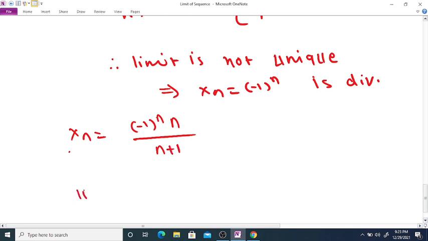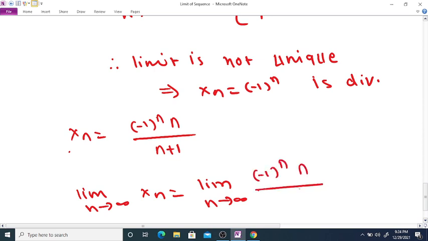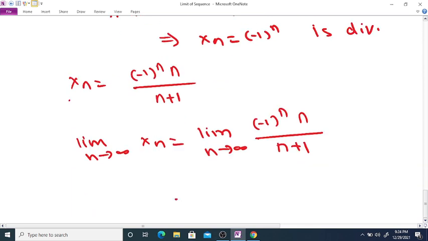Again, if we take the limit as n tends to infinity of x_n, which equals limit of minus 1 raised to n times n divided by n plus 1, we divide numerator and denominator by n, giving minus 1 raised to n times 1 divided by 1 plus 1 by n.